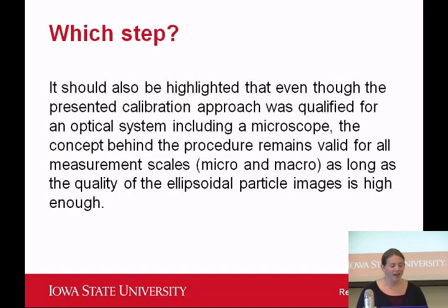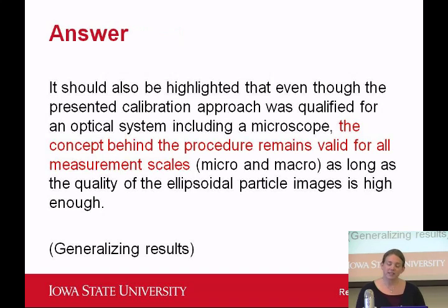Okay, our next sentence. Okay, here we have, it should also be highlighted that even though the presented calibration approach was qualified for an optical system, including a microscope, the concept behind the procedure remains valid for all measurement scales, micro and macro, as long as the quality of the ellipsoidal particle images is high enough. And we can see here at the middle of the sentence really helps us identify that this is an example of generalizing results.